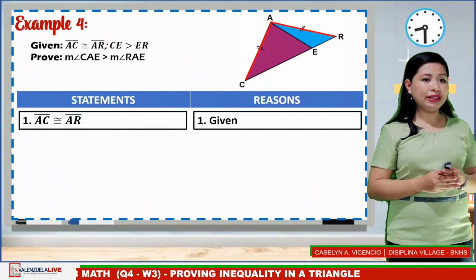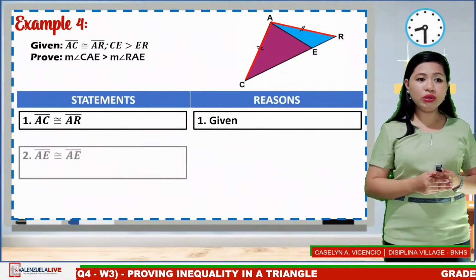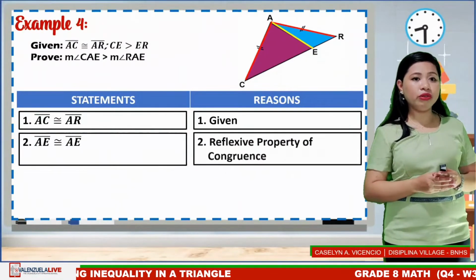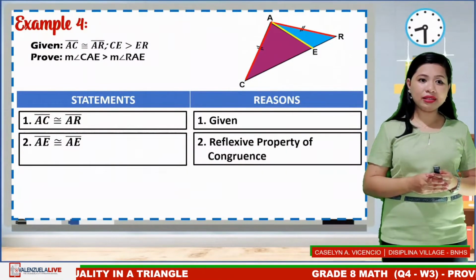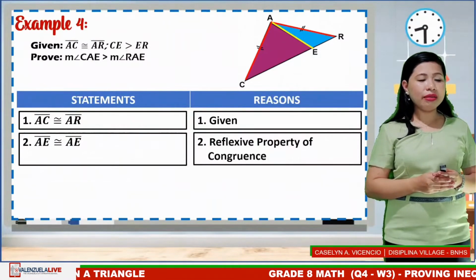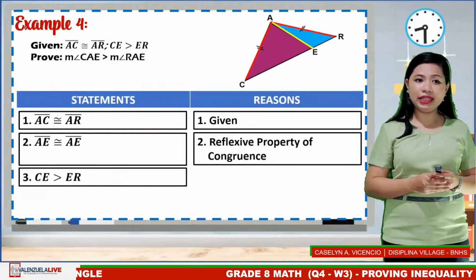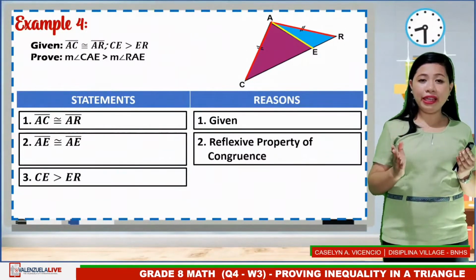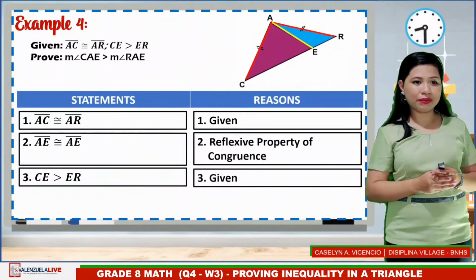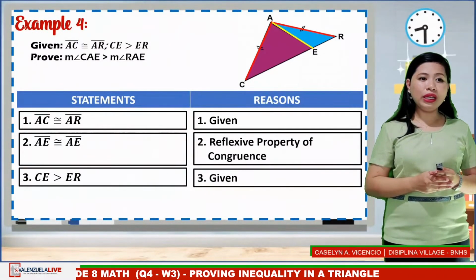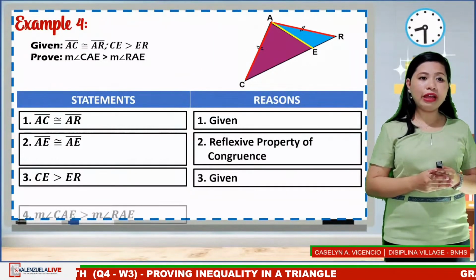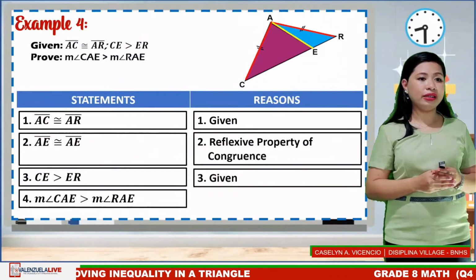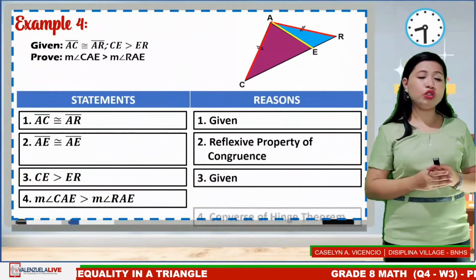We can also say that side AE is congruent to side AE by reflexive property of congruence. Next, we can state that the measure of side CE is greater than the measure of side ER. It is also a given. With this, we can conclude that the measure of angle CAE is greater than the measure of angle RAE by the converse of hinge theorem.